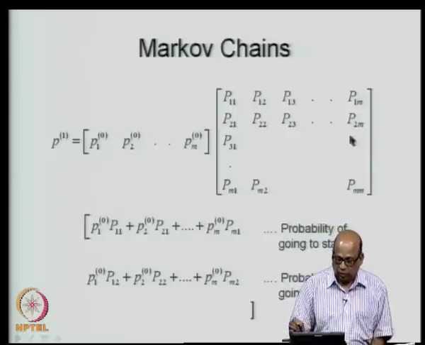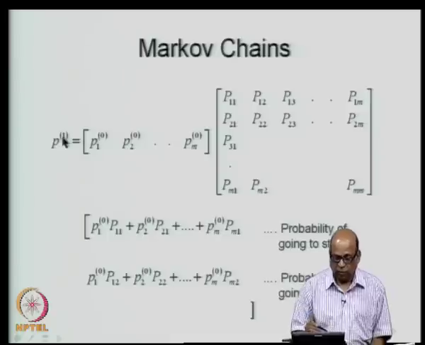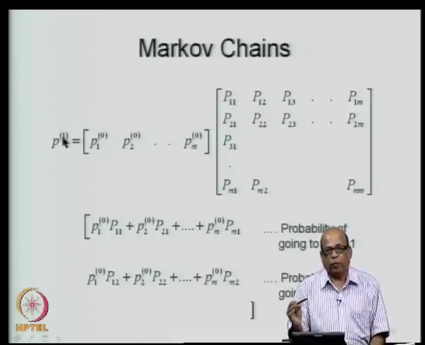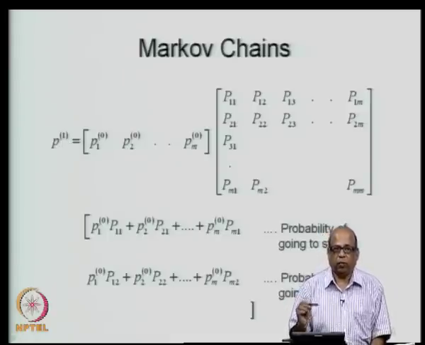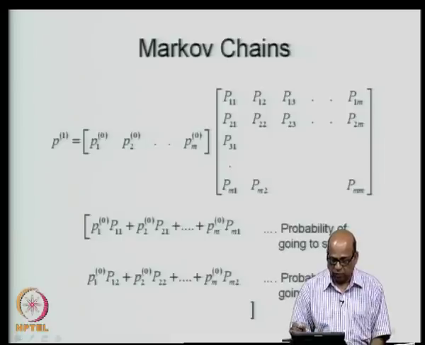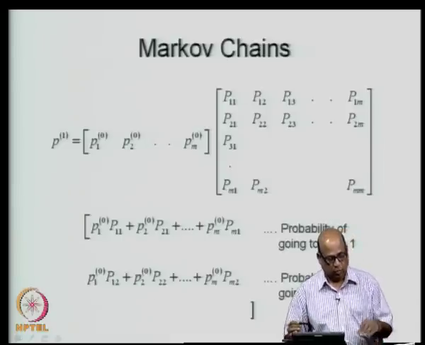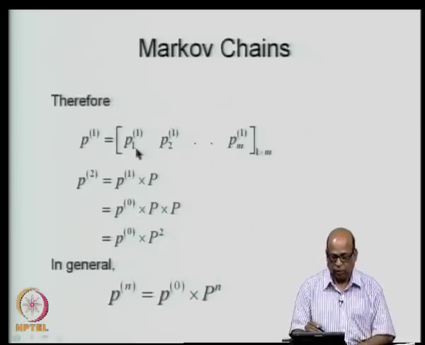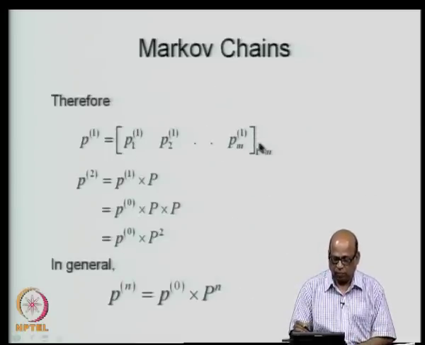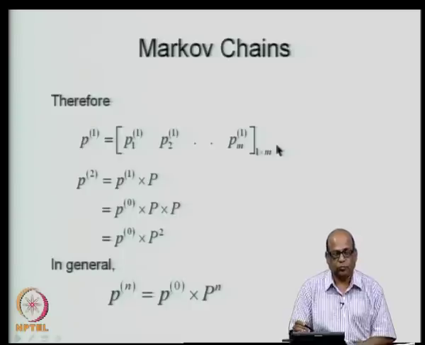So, in essence, this multiplication gives p^1, that means, in time step 1, what is the probability of going to class interval or state 1, the probability of going to state 2, etc. This is again a row vector. So, we write p^1 as p_1^1, p_2^1, up to p_m^1, a 1 by m vector.